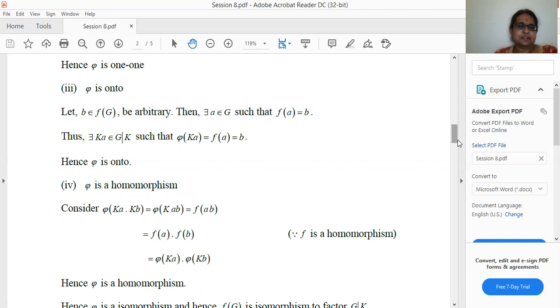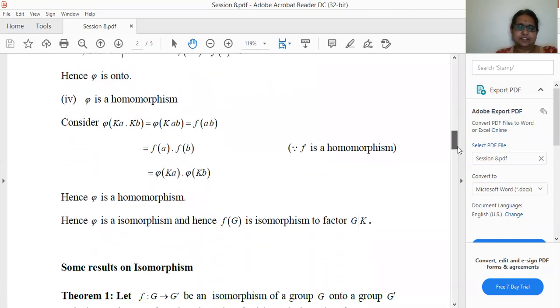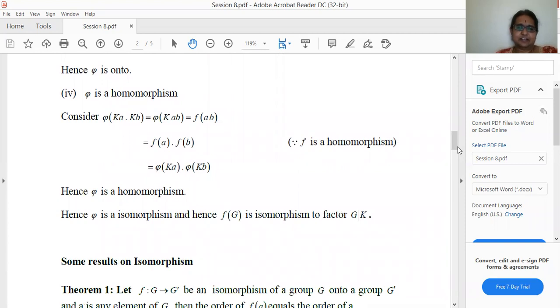F is a homomorphism, so F of AB can be written as F of A dot F of B. And F of A is phi of Ka, F of B is phi of Kb. So we get phi of Ka dot Kb is equal to phi of Ka dot phi of Kb. Hence, phi is a homomorphism. We have shown phi is well defined, 1 to 1, onto, and a homomorphism, hence phi is an isomorphism. Therefore, F of G is isomorphic to the factor group G by K.